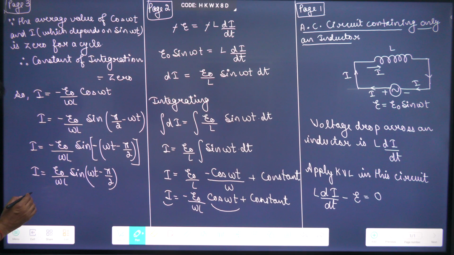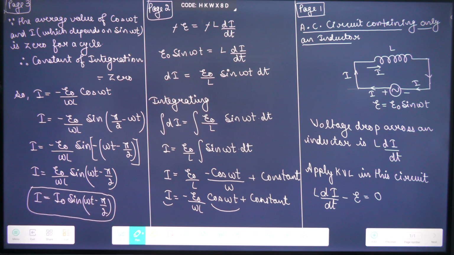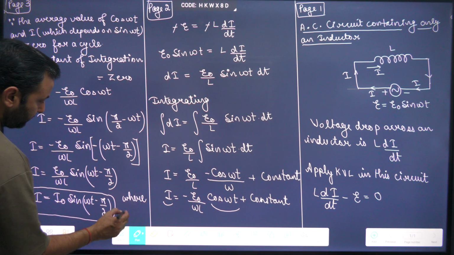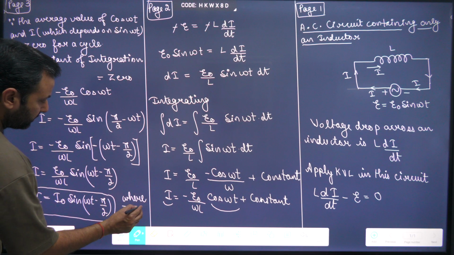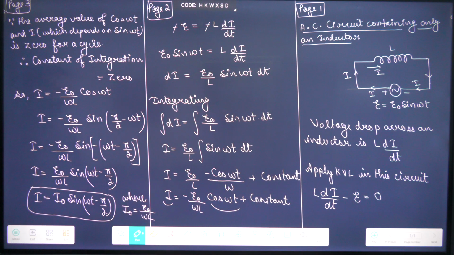So I is equal to I naught sine omega t minus pi by 2, where I naught is equal to E naught upon omega L.